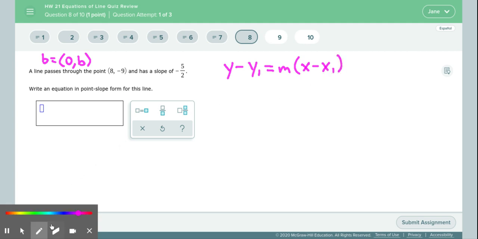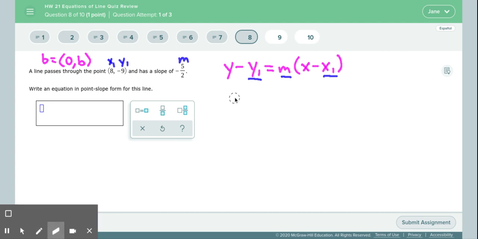So here, what we do is we replace our y1 value, we replace our m, and we replace the x1 value. Our slope is labeled as m. Our ordered pair that they give us, we're going to label as x1, y1.